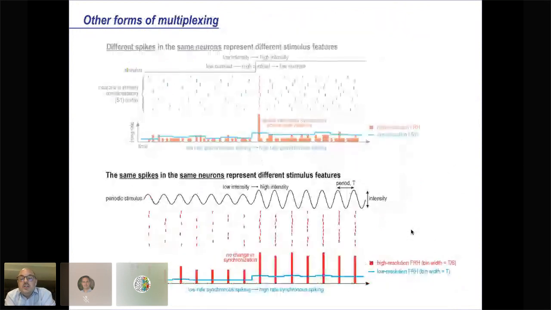Okay, now what I want to do is go back to this idea of multiplexing, but now instead of these sparse intermittent changes in intensity, I want to consider a situation that's relevant for understanding vibrotactile input. Vibration is typically associated with a periodic stimulation between around 100 hertz, maybe up to 500 or 600 hertz.